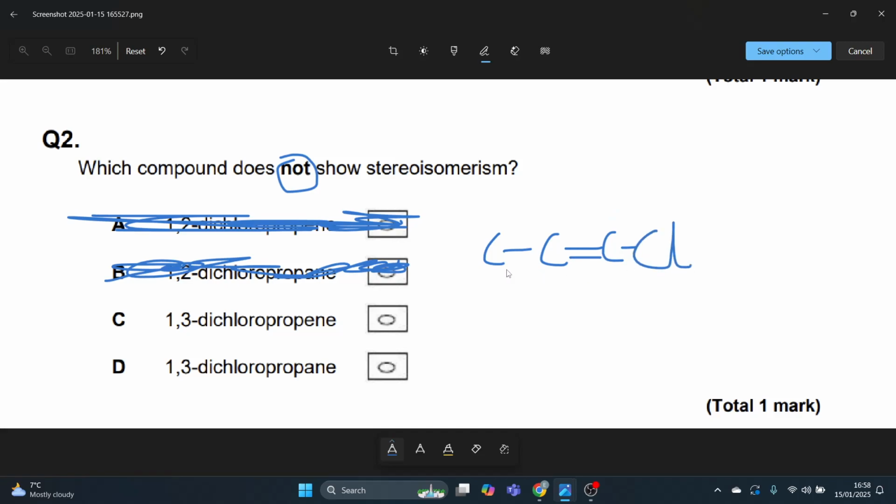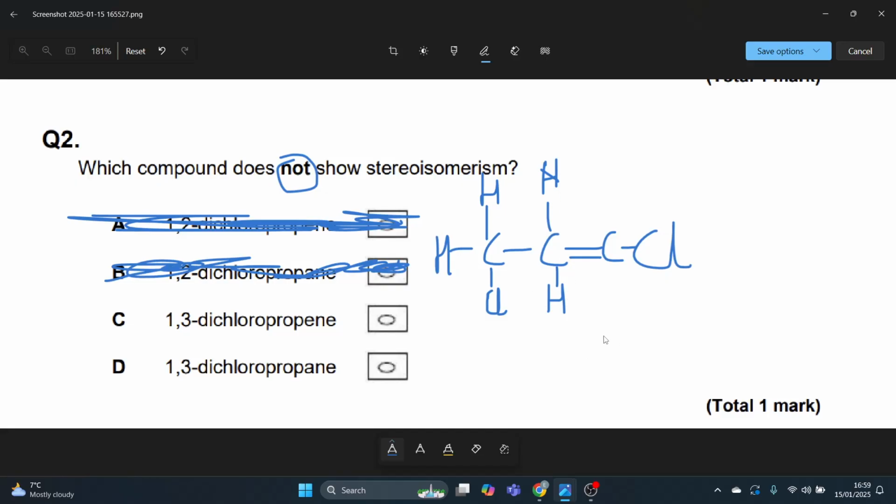We've got a chloro on the first carbon, a chloro on the third carbon, and hydrogens.